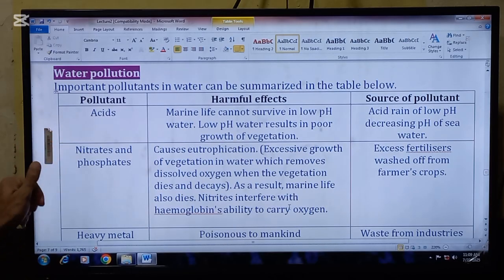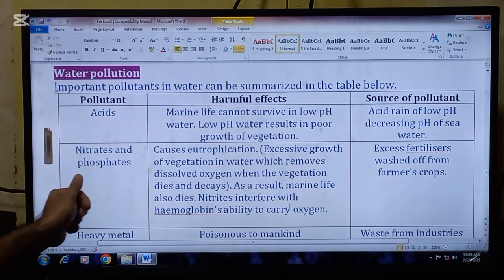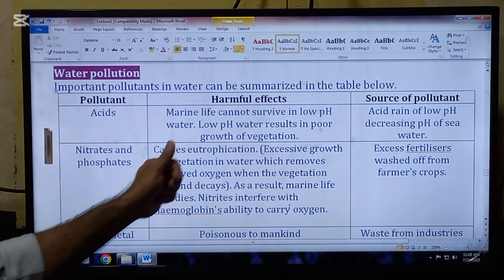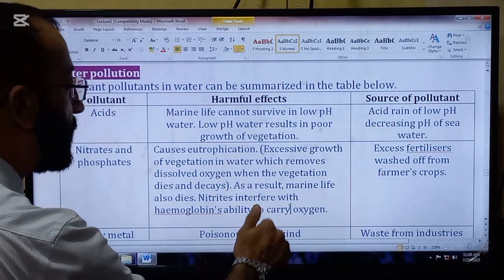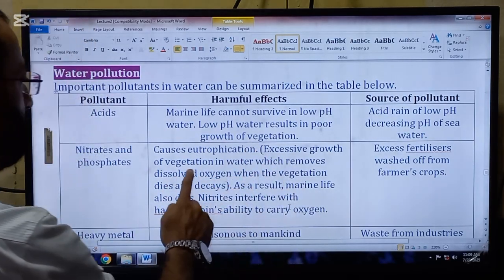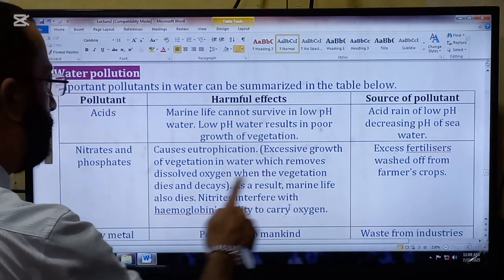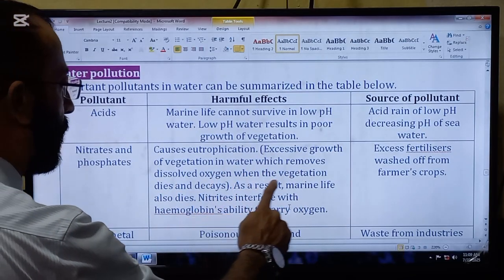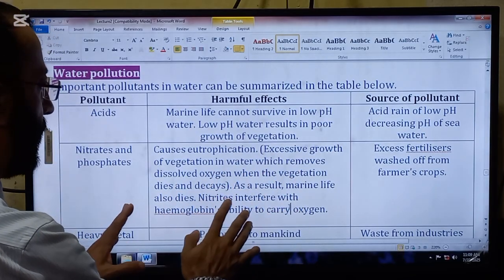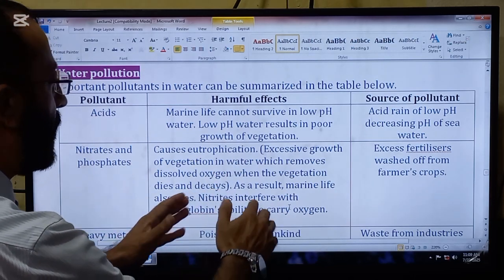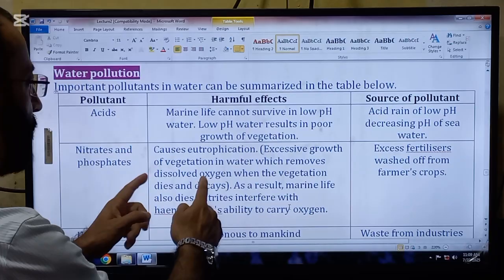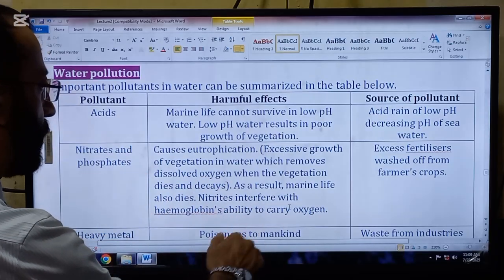The next water pollutant is nitrates and phosphates. The harmful effect is that they cause eutrophication. This is the excessive growth of vegetation in the water, which removes dissolved oxygen from the water, and then the vegetation dies and decays. So when eutrophication takes place within a lake, excessive growth of vegetation occurs in the water.